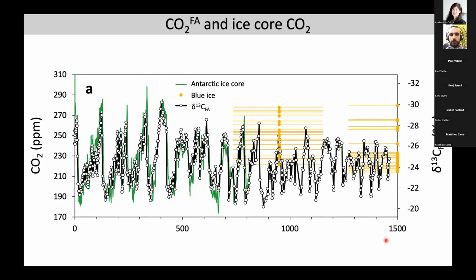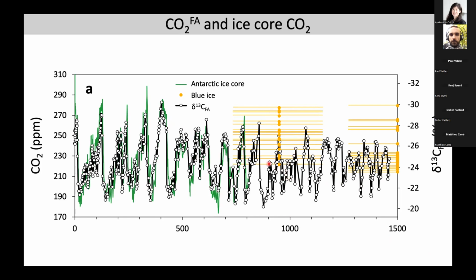So let's see the results of the CO2 reconstruction. The black one is the reconstructed CO2 concentration. Green one is the Antarctic ice core, and the yellow one is the blue ice CO2 concentration.